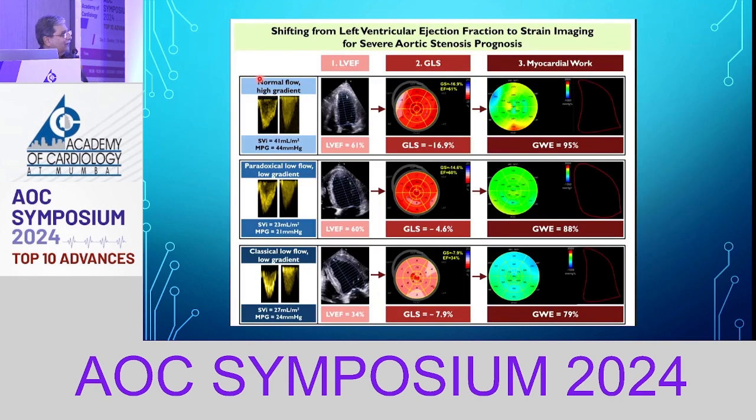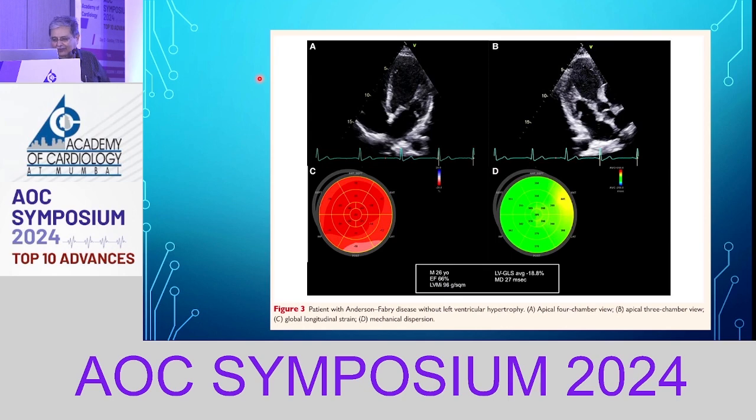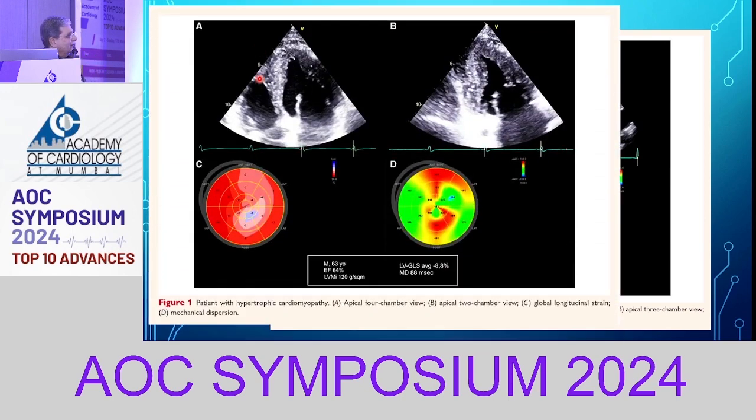Another thing that we have now added is what is called mechanical dispersion. It means the difference in time in how each segment reaches its peak contraction. Most of them should reach it at the same time. But if there is mechanical dispersion, for example here, this is a mechanical dispersion plot, they all should be green. But there is red and green.